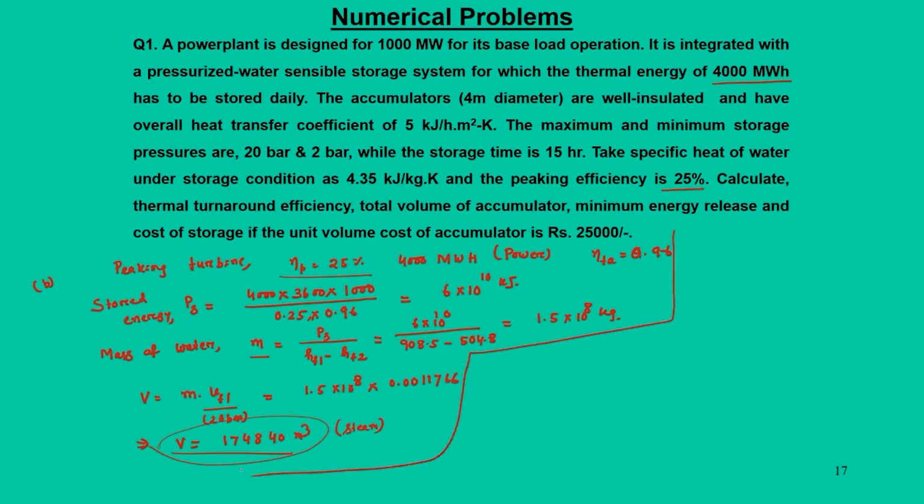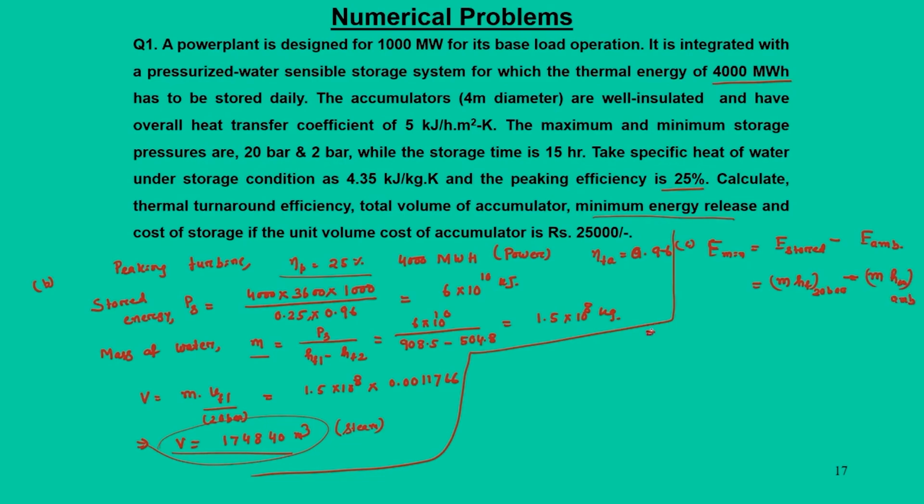Then the next part is minimum energy release. So, E minimum would be E stored minus E ambient. So, E stored is M into HF at 20 bar, minus M into H infinity, ambient.